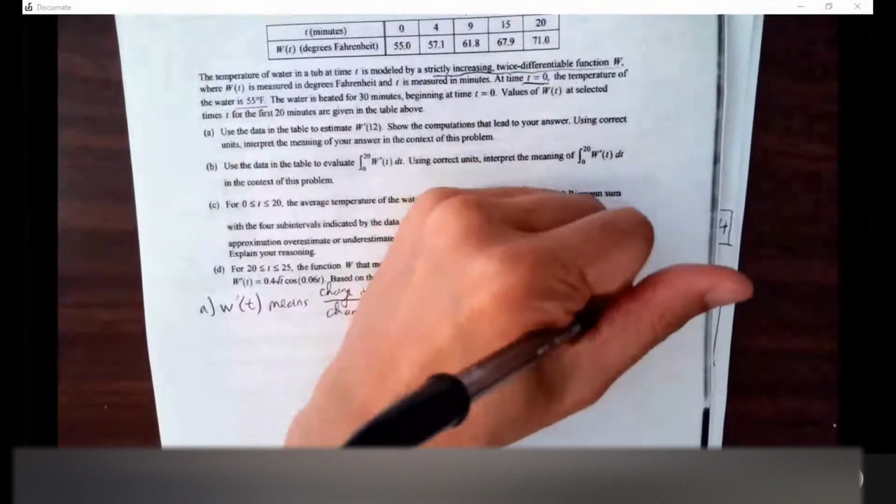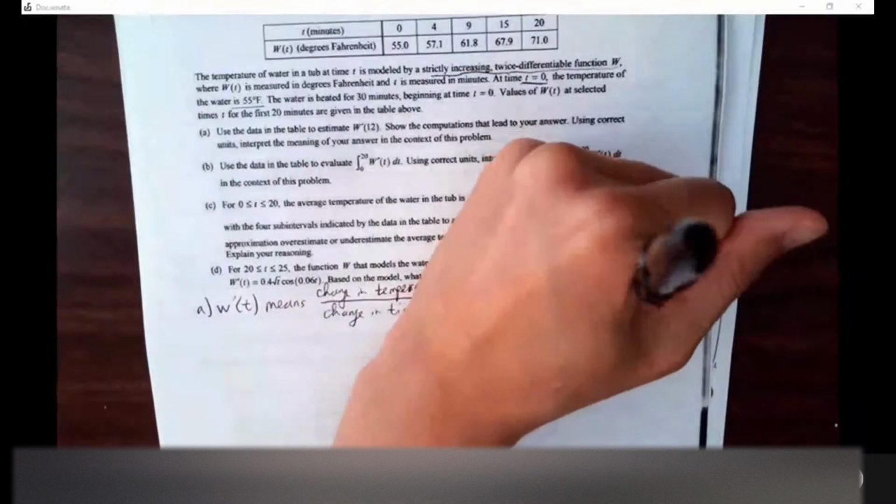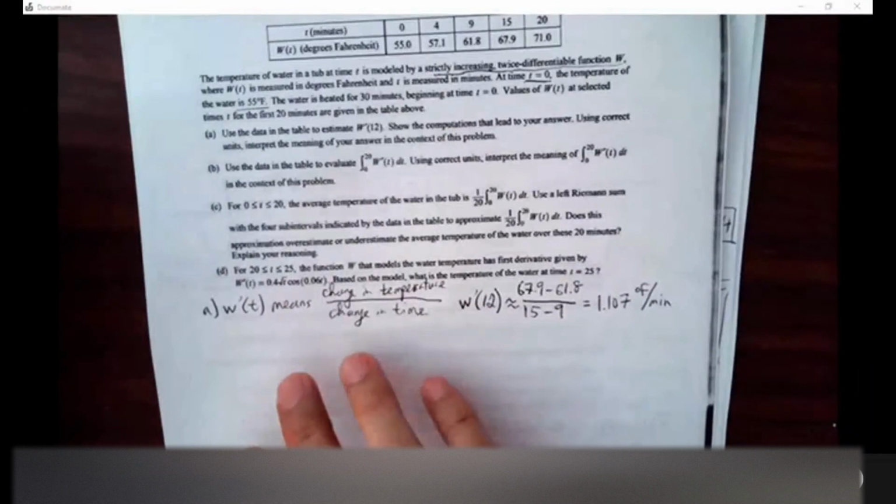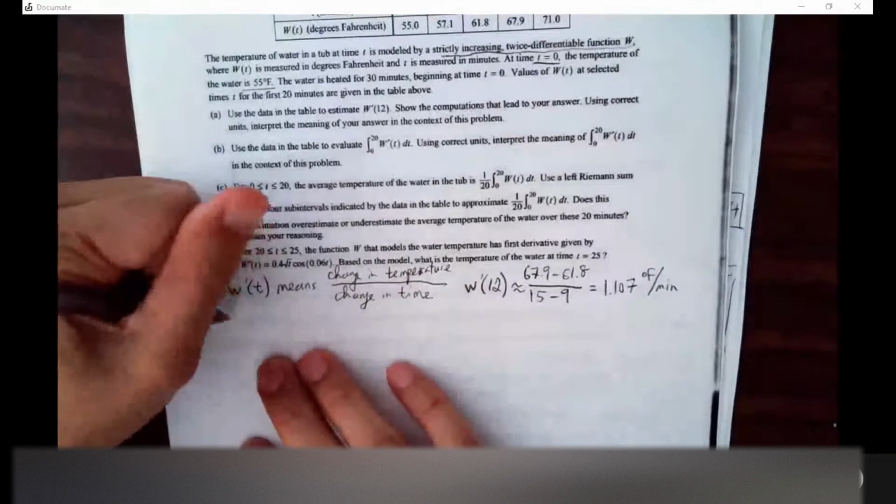Use our calculator, we get 1.107 degrees Fahrenheit per minute. So what that means is the temperature of the water is increasing at a rate of about 1 degree Fahrenheit per minute at that moment in time.